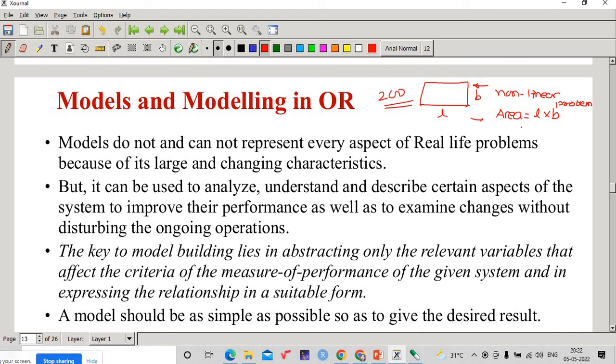So formulation is an important aspect of any model, and in that sense we are mimicking a real life problem in terms of a model. We are formulating it, we are trying to set that particular problem into a bracket. So it's very important how that real life problem can be set in terms of a bracket.